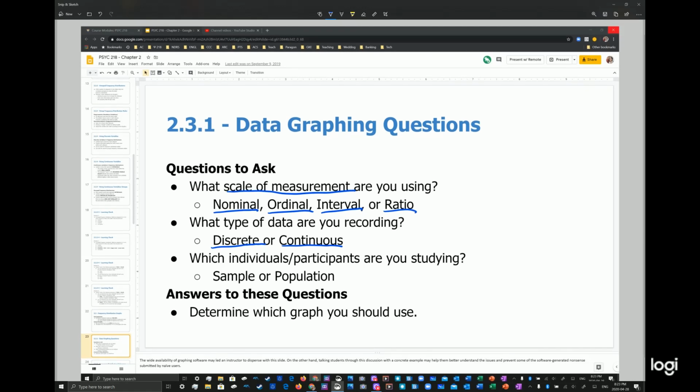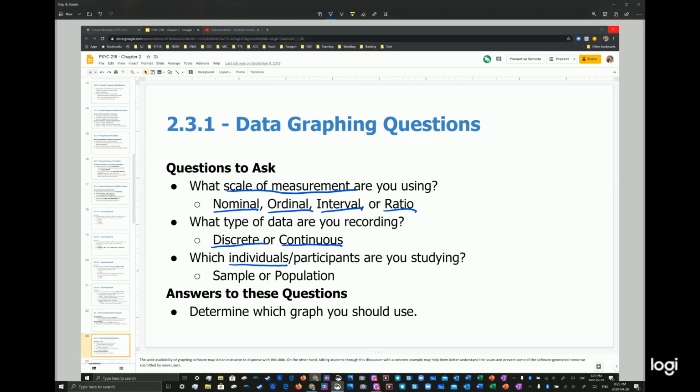And finally, a question to keep in mind is whether you are studying samples or populations. So the question is, which participants or individuals are you studying? The answer to these questions would help you determine what graphs you would use. In the next slides, we're going to ask these questions and answer them to figure out what graphs we should use.